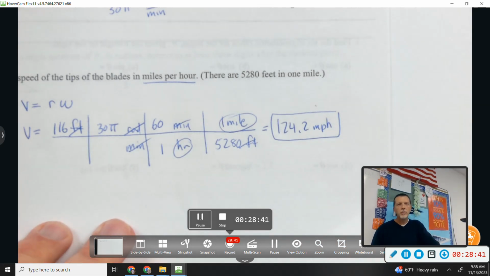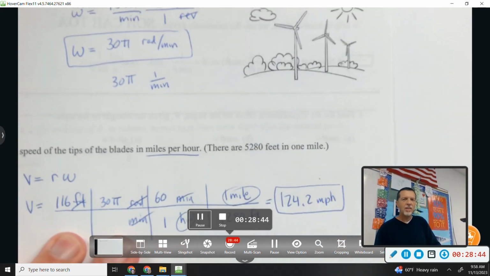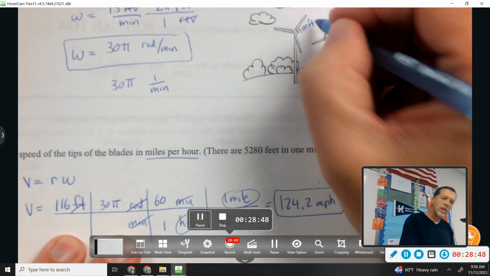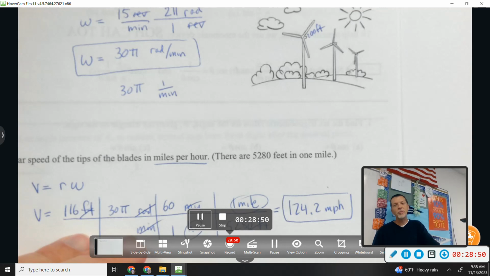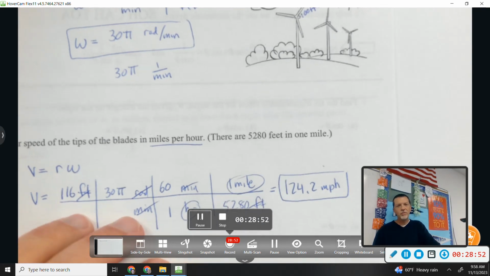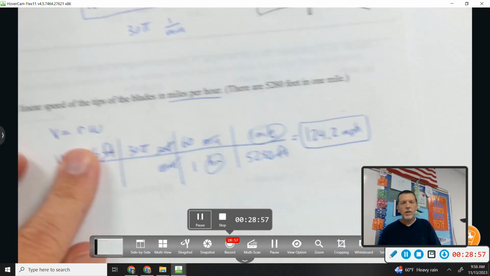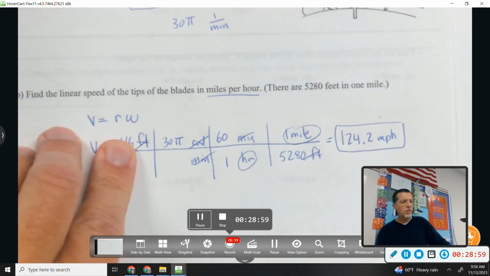Which seems really fast, but if that's 100 feet long, the further out we go, the faster we go. So faster and faster it goes, the further out we are. Because V equals R times omega.